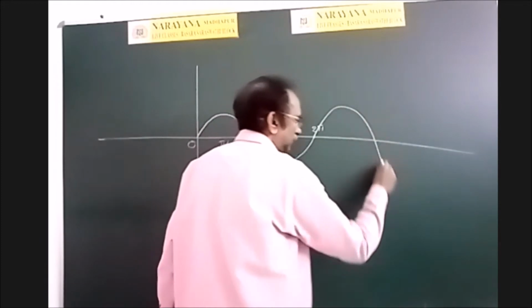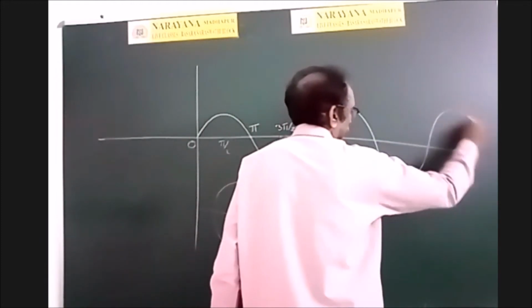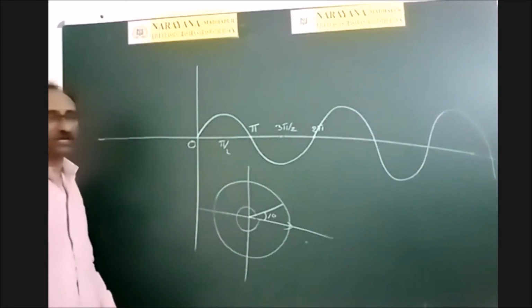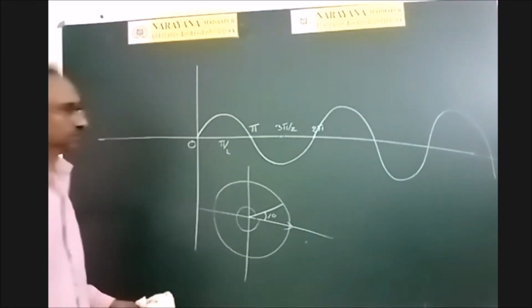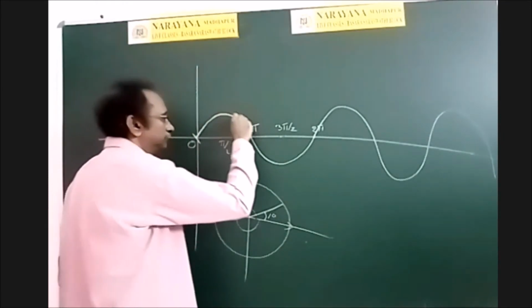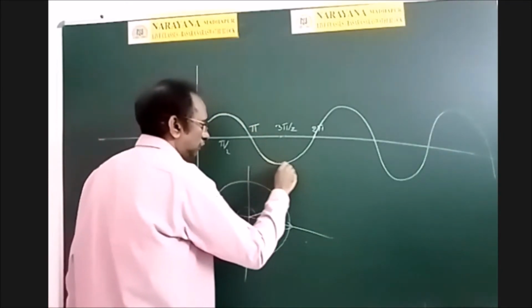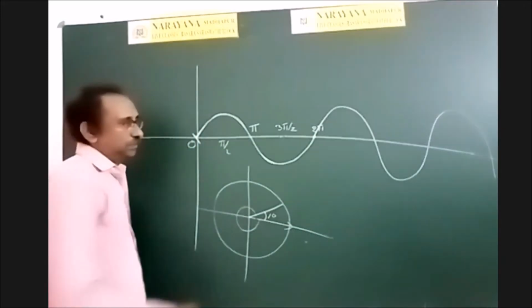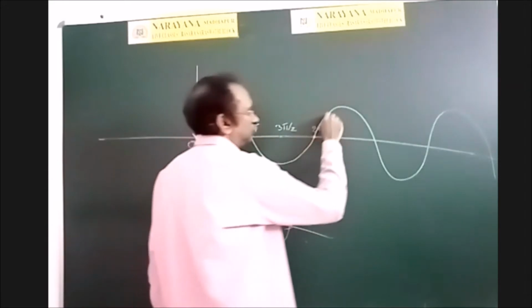See, that is the magic of sin x. So the graph goes like this. The values are repeated so many times. Observe one cycle, 0 to 2 pi. Once again these values repeat like this.